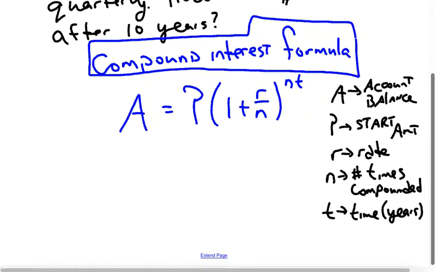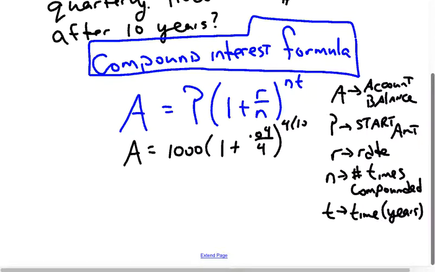So basically now we just got to fill in what we know. We want to know how much money there is after 10 years. That's A. We know we started with $1,000. We know our interest rate was 0.04. Quarterly means how many quarters are in a year? There are 4 quarters in a year. N times T would be 4 times 10. At this point, you're just basically putting this into the calculator.